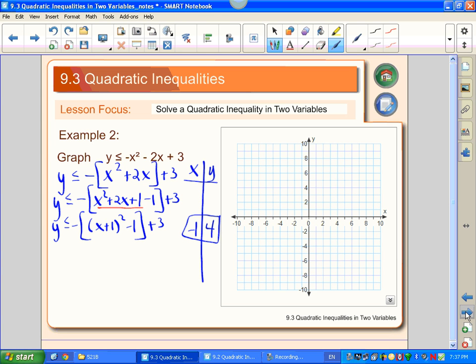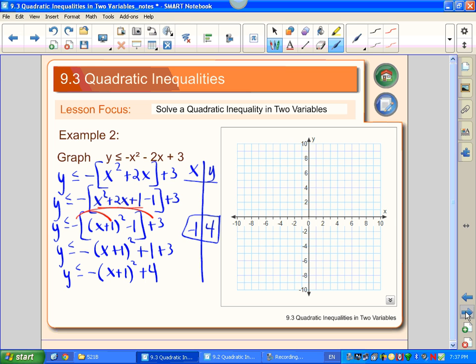We're going to have to distribute the negative. So that is negative x plus 1 squared, now plus 1 plus 3, negative x plus 1 squared plus 4. And we can tell, again, our vertex is negative 1, 4.